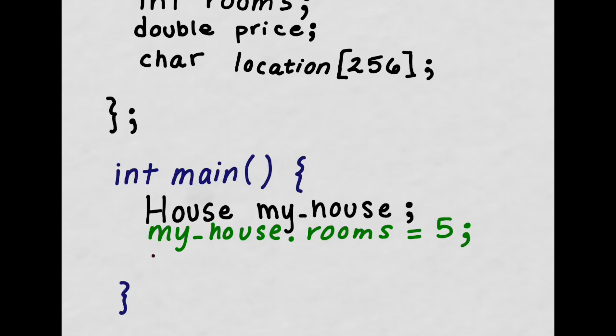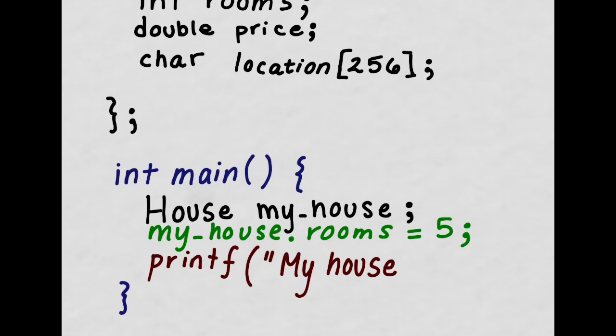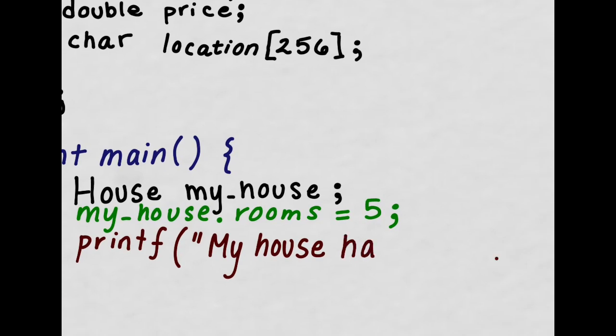So we'll have printf, open parentheses, quotation marks, my house, just in plain English, has, all right, well now I'm going to use a format specifier so that I can print the integer 5 and then continue with the sentence.